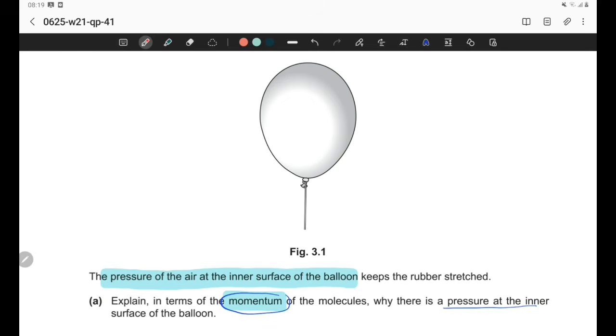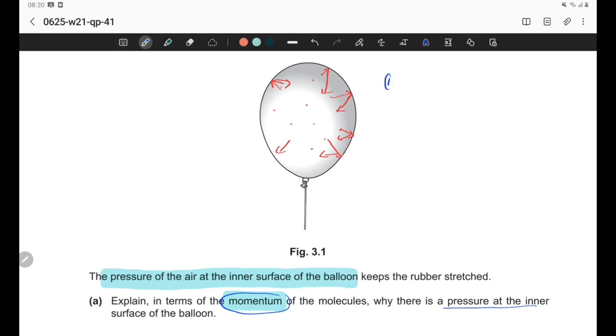First we can write that the molecules of air inside the balloon collide with the inner walls or the inner surface of the balloon and they bounce back. So this will cause them to change the momentum as the direction changes.